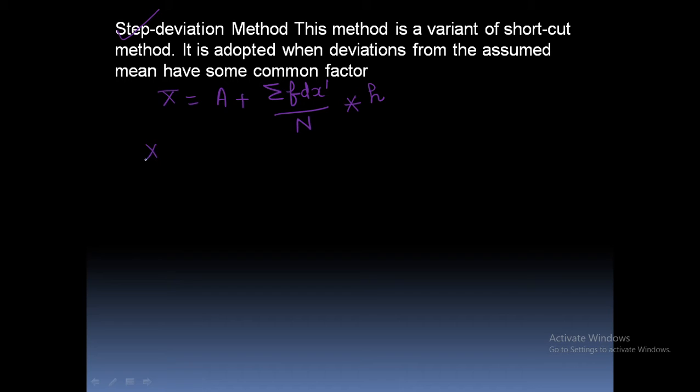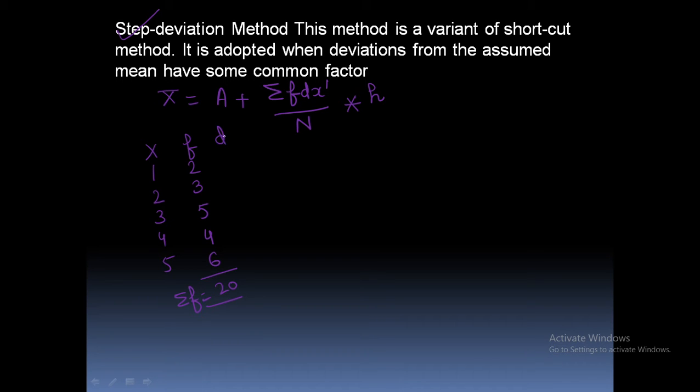For example, we have given x items 1, 2, 3, 4, 5 and frequency is given 2, 3, 5, 4, 6. 2, 3, 5, 5, 10, 14, or 6, 20. This is sigma f.